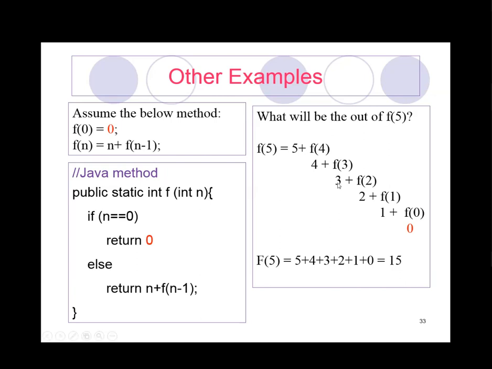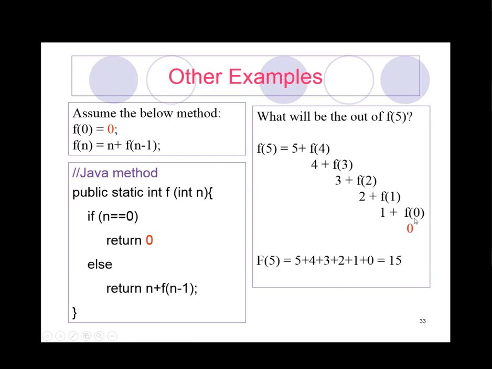No, it will be 1 plus f of 0. What will f of 0 return? 0. So 0 plus 1, then 1 plus 2. As in the previous example, 4 plus 3 plus 2 plus 1 plus 0 as a return from each part of these. Tamam?